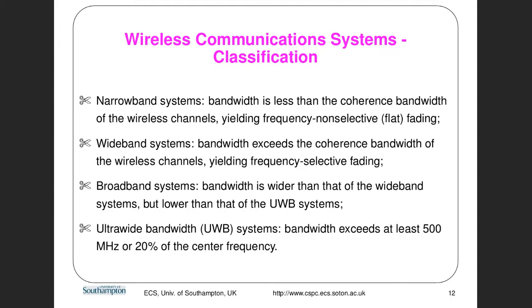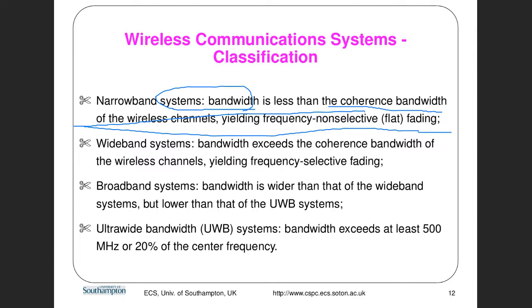So today we have started learning channel modeling, and in the morning, let's recap first. From this slide, we looked at two definitions of bandwidth. First is system bandwidth. Second is the coherent bandwidth of the wireless channels.